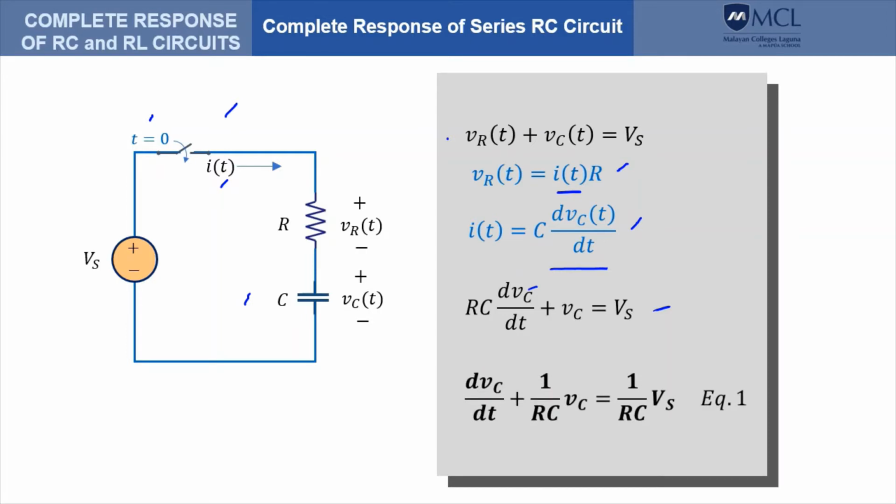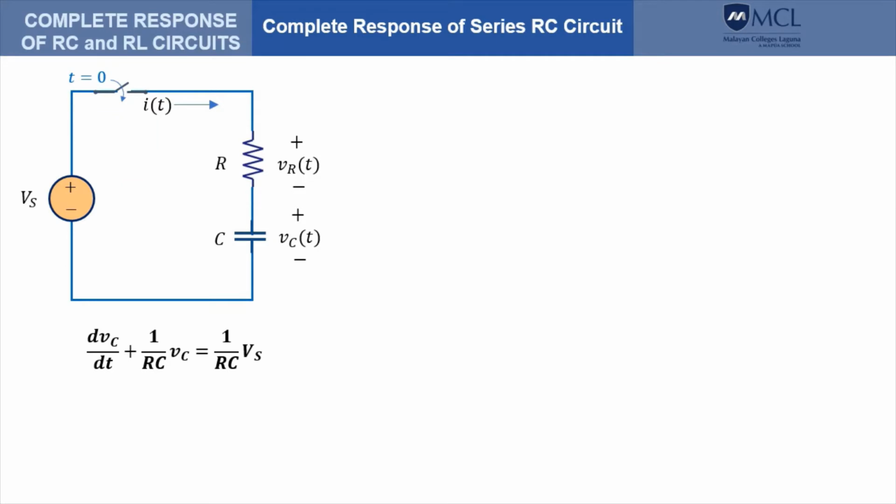We can rearrange that differential equation and we will get this format. So this is a first order differential equation, and to solve for v sub c, we need to solve this differential equation. So here is the differential equation again.